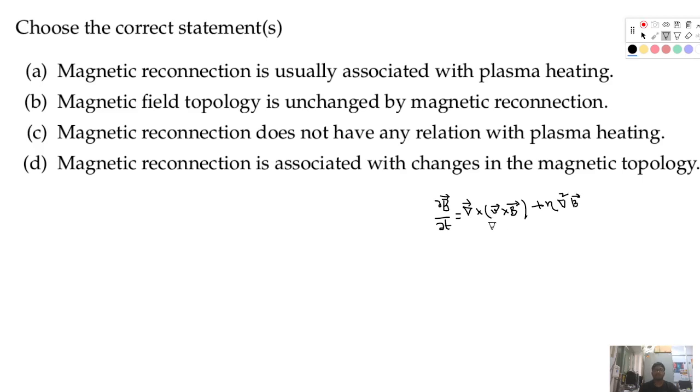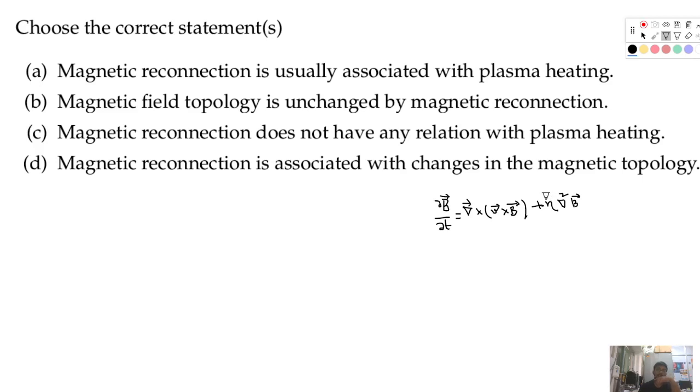Now the first term on the right hand side is the magnetic advection term, which is related to magnetic flux conservation, or Alfven's flux freezing theorem. The second one is the magnetic diffusion term.